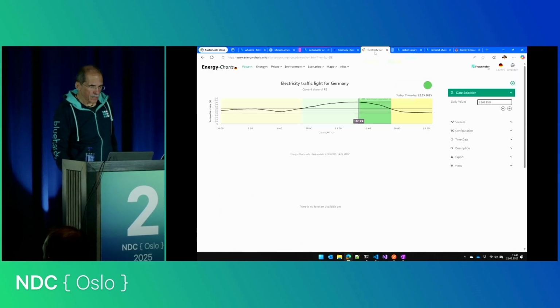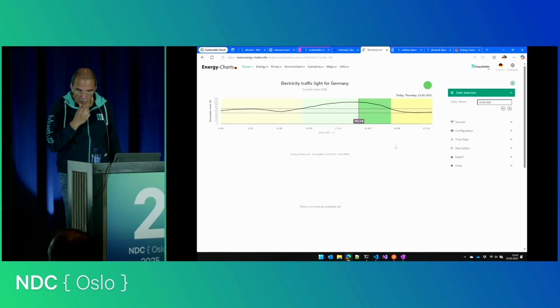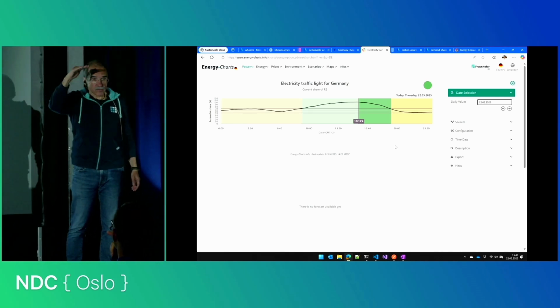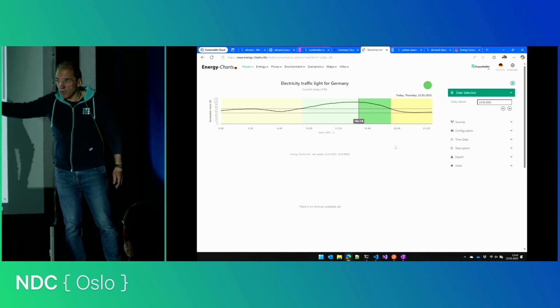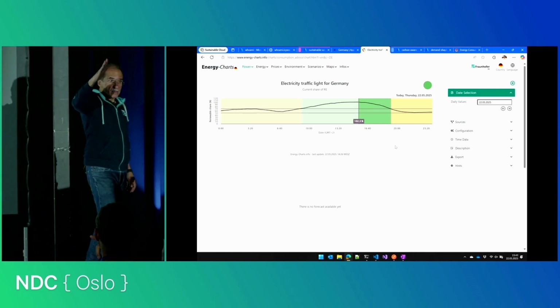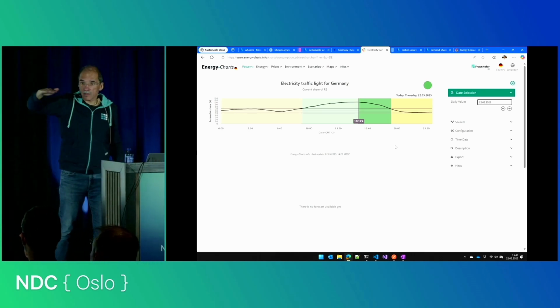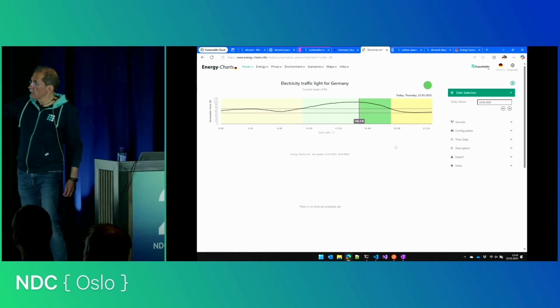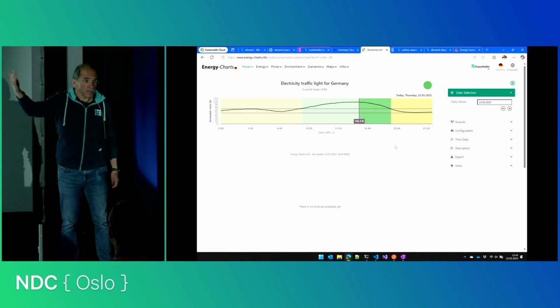But, and this is an example for Germany, the share, the amount of renewables in the power in the grid, changes over time, over the day. So basically, how much wind is there, how much solar is there?